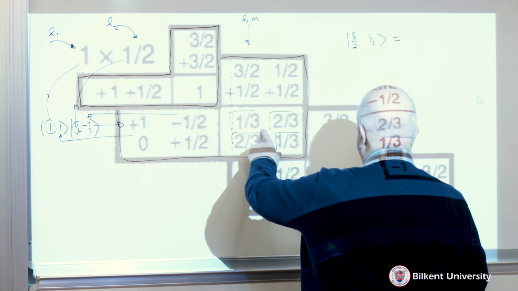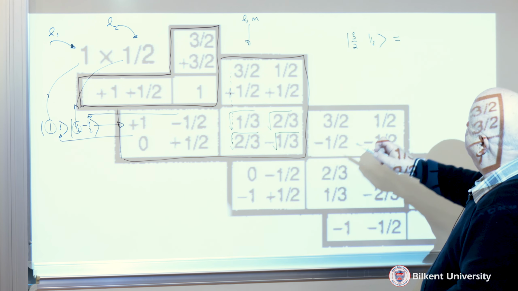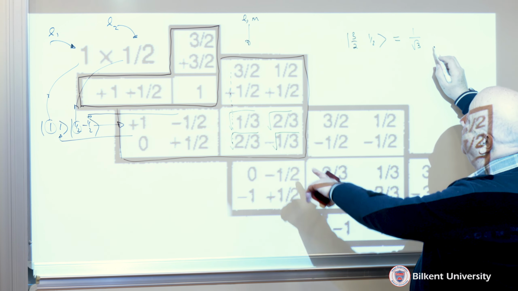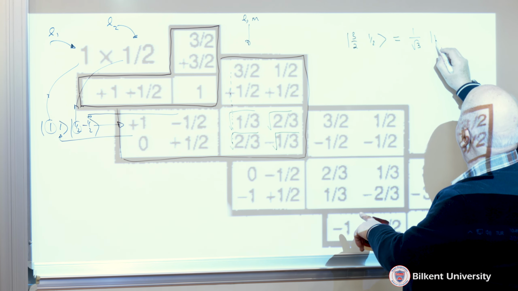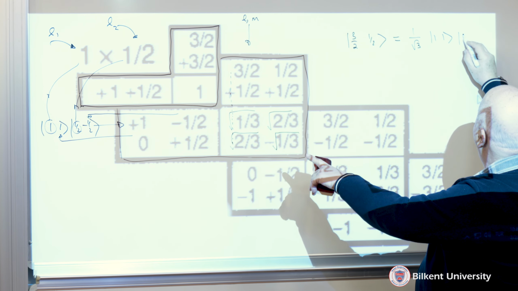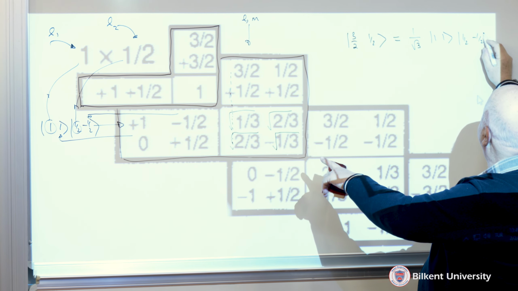The first one is 1 over square root of 3. So I get 1 over square root of 3 times 1, 1, 1/2 minus a half.